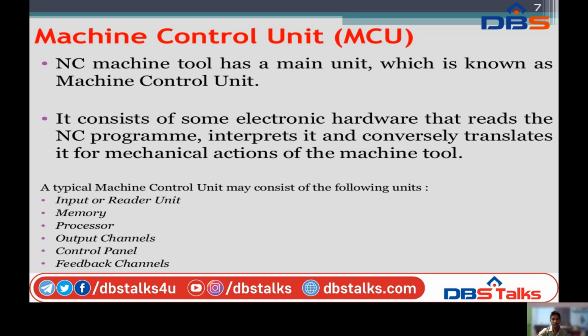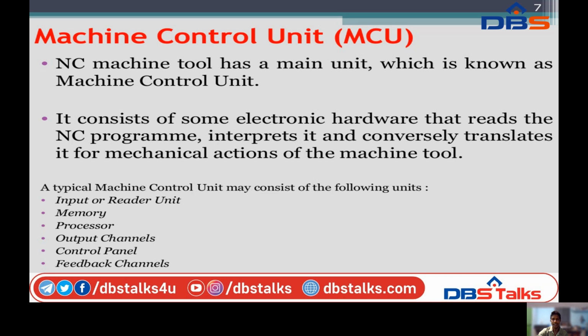After that, it will be given to the machine control unit, MCU. MCU consists of many parts. NC codes will be directed to the machine control unit. The machine control unit translates them to mechanical actions of the machine tool, that means what is required to be drilled or shaped.